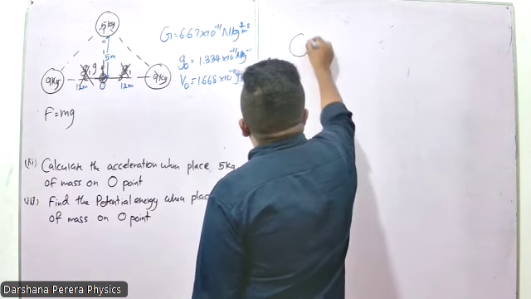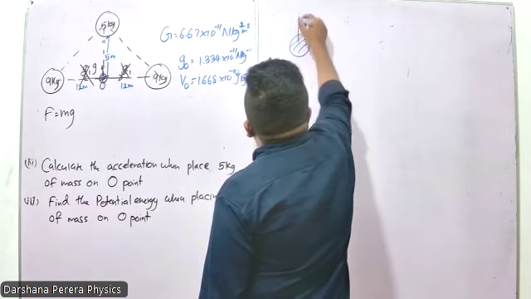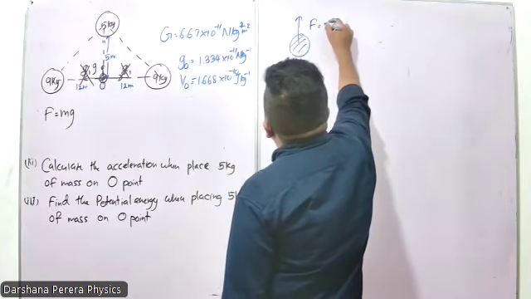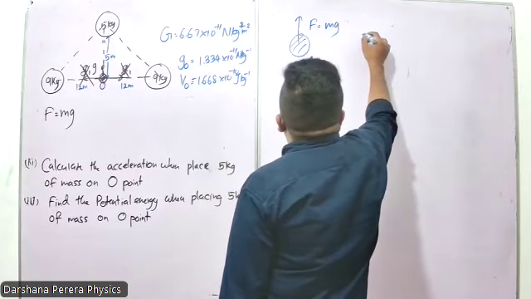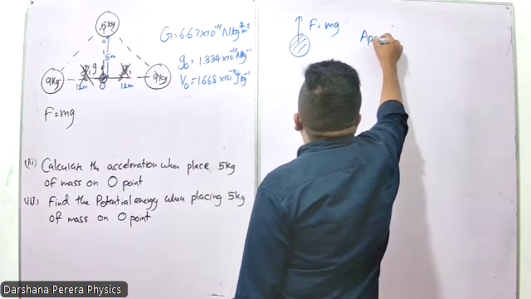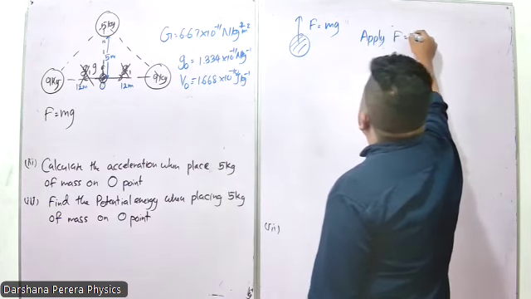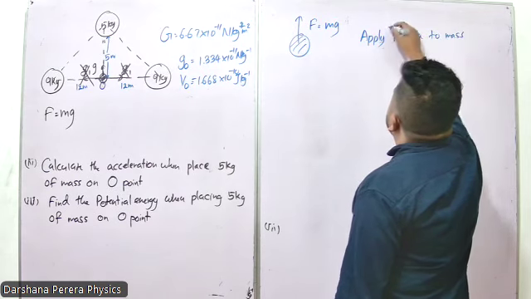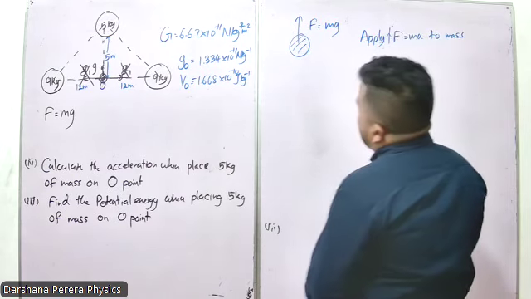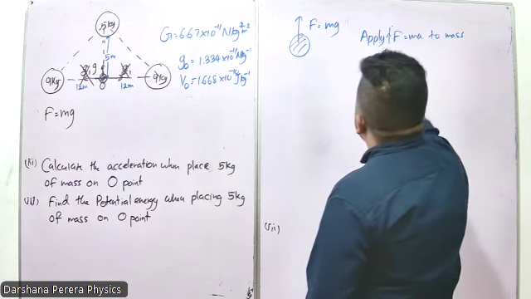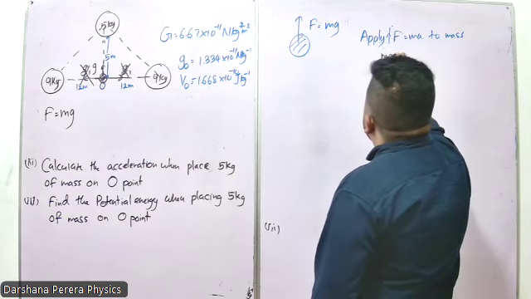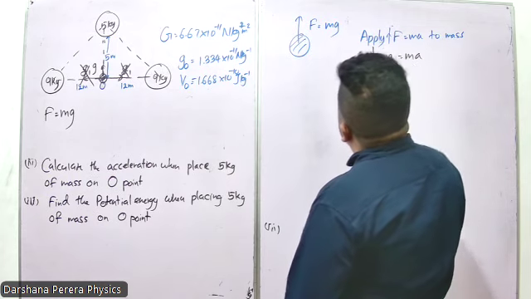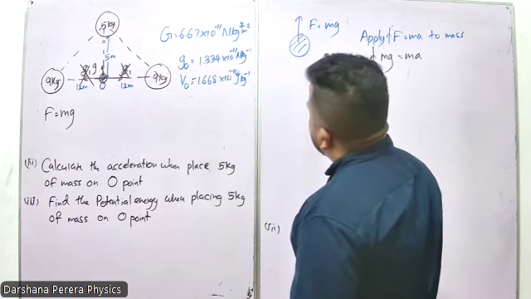So the force F equals mg. I apply F equals ma to the mass upward. So F equals ma, mg equals ma, right? There is a force.